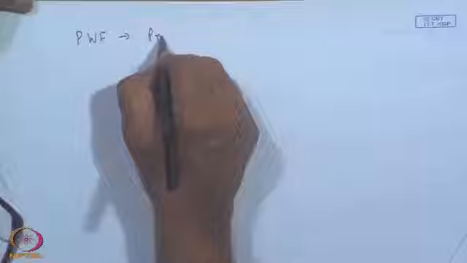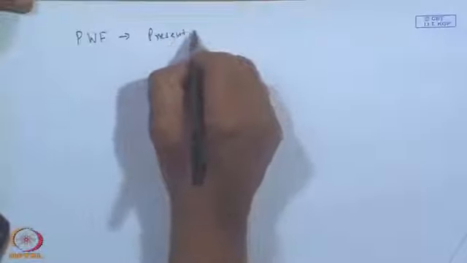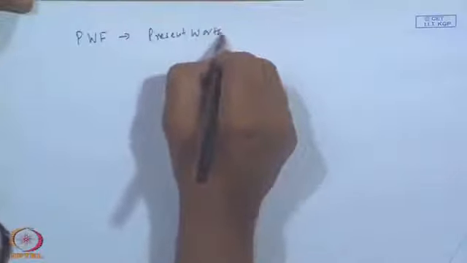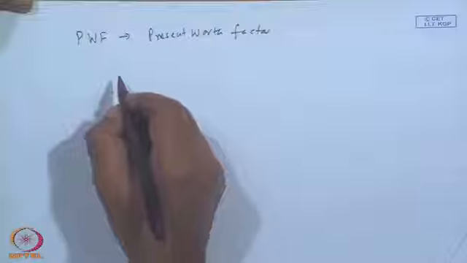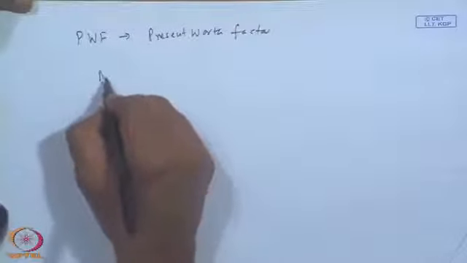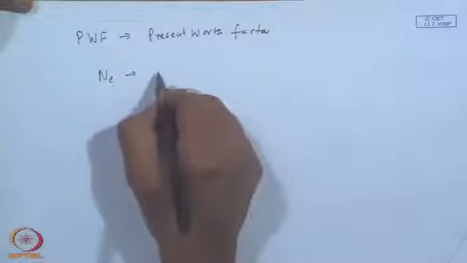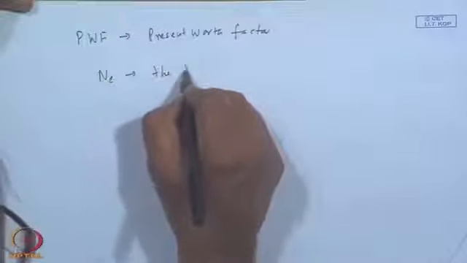In other words, if C is equal to 0, the present worth factor of any ID is nothing but P1. And of course, PWF is the present worth factor, which will depend upon the term of the economic analysis.